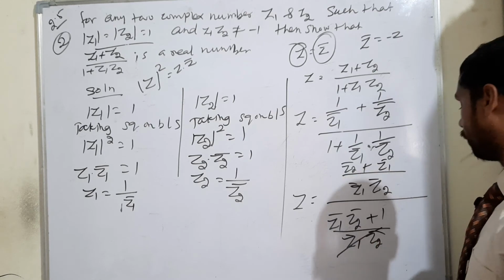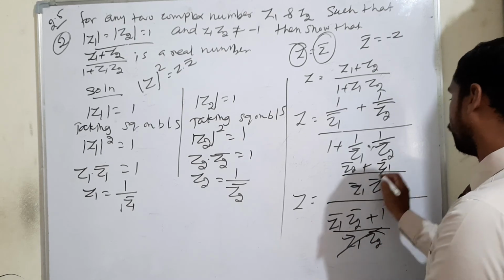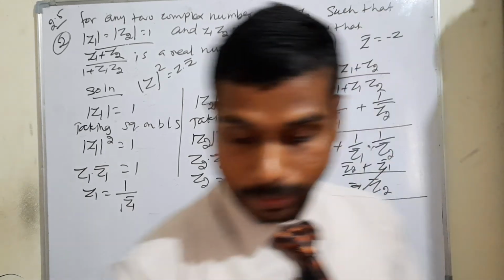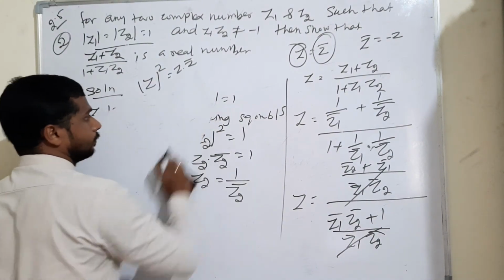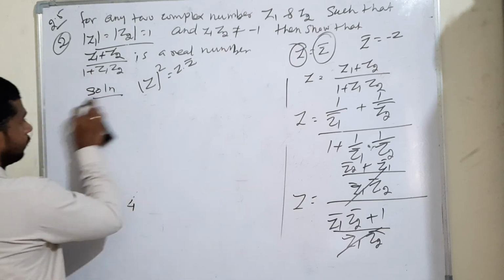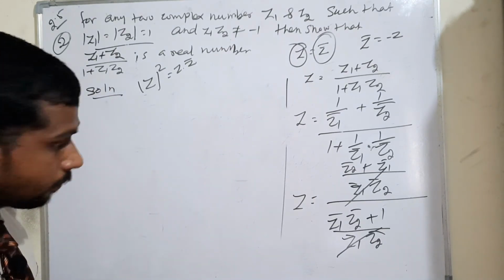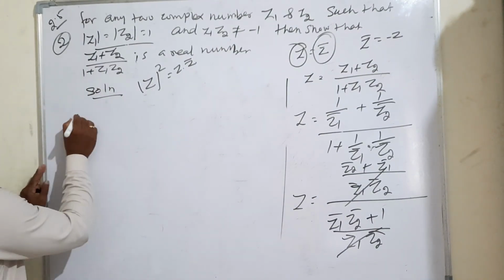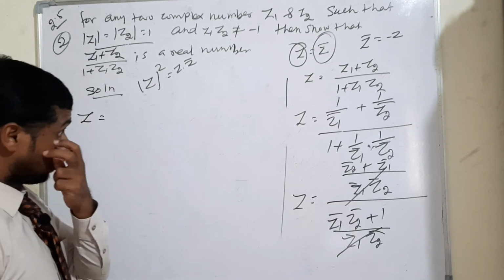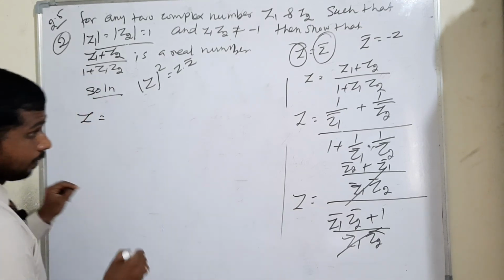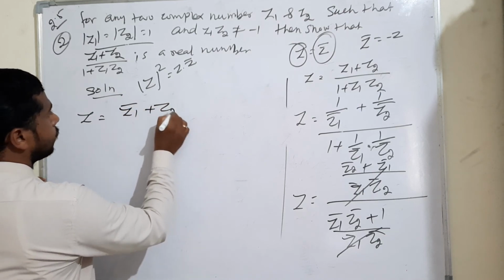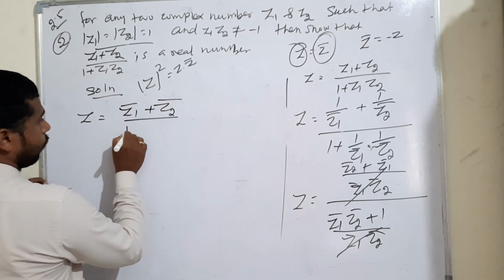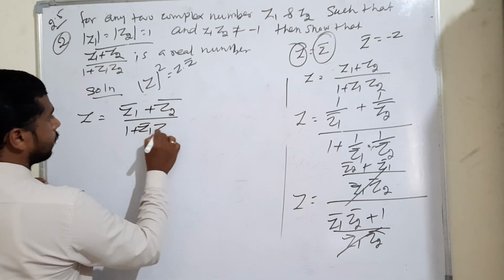Definitely the common denominator z1 bar z2 bar is in both, so it cancels. Then z is equal to z1 bar plus z2 bar divided by 1 plus z1 bar z2 bar.